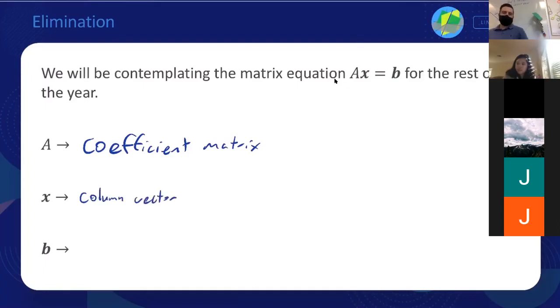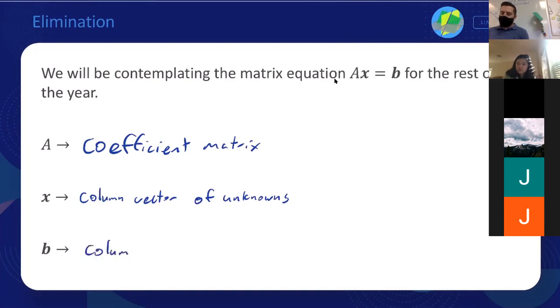Okay, we treat it like a vector, but we're going to also treat it like it's a one column matrix of our unknowns, essentially of our variables. Okay, x, y, z, x1, x2, x3, a, b, c, whatever it is we're trying to solve for, we put them in this vector we call x.